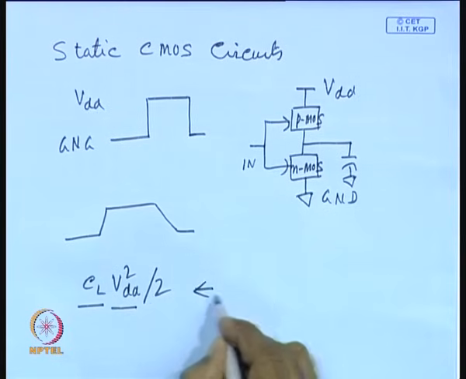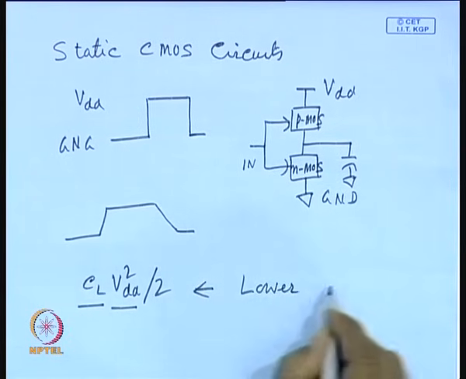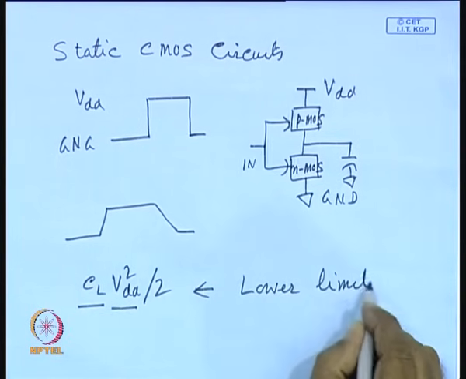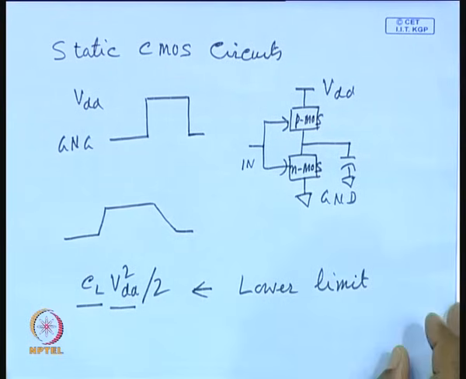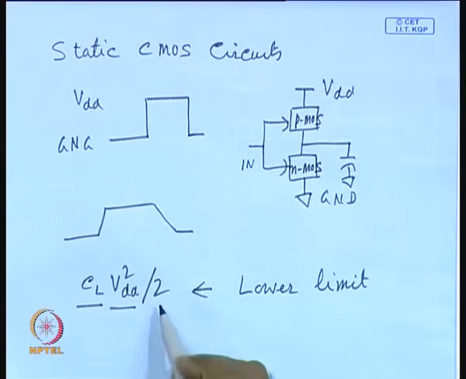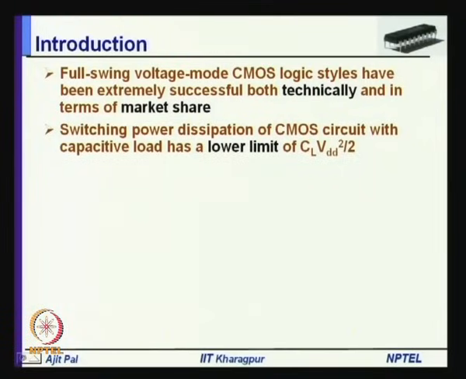This cannot be changed. So, you can say this is the lower limit. The switching power dissipation cannot be lowered than this by using conventional static CMOS circuits.